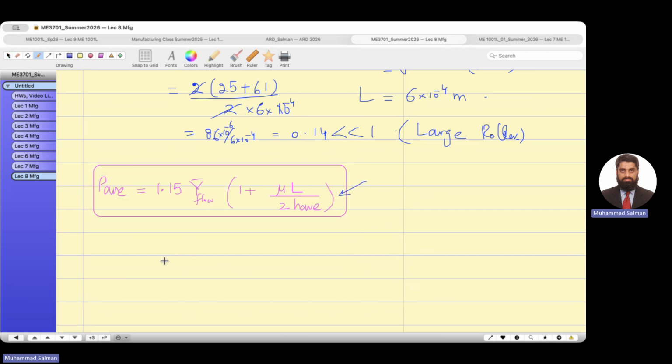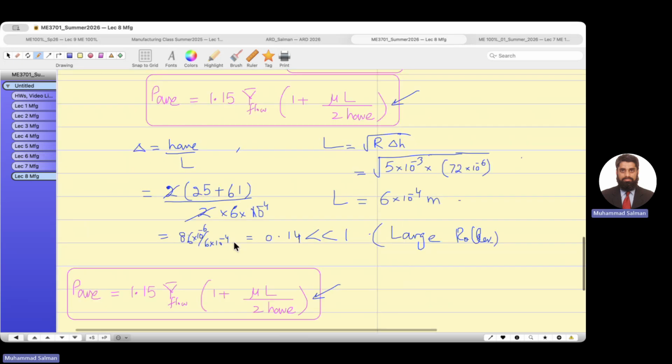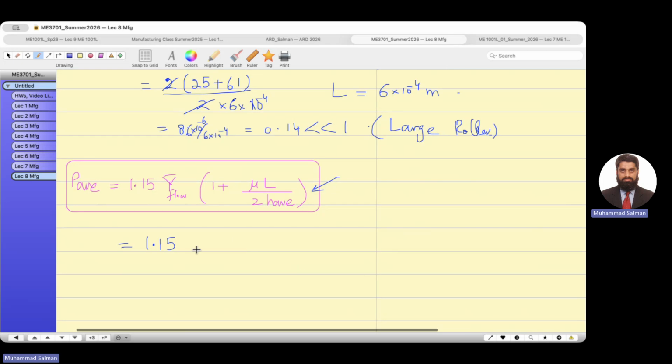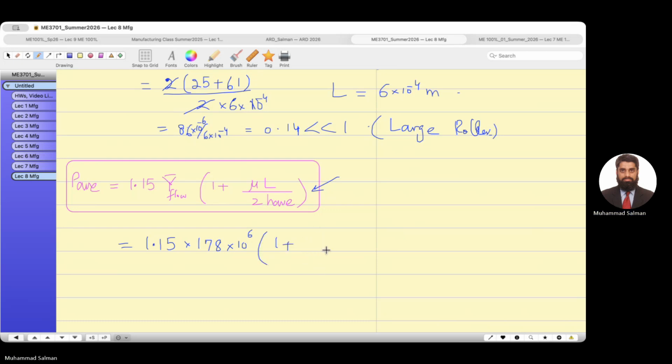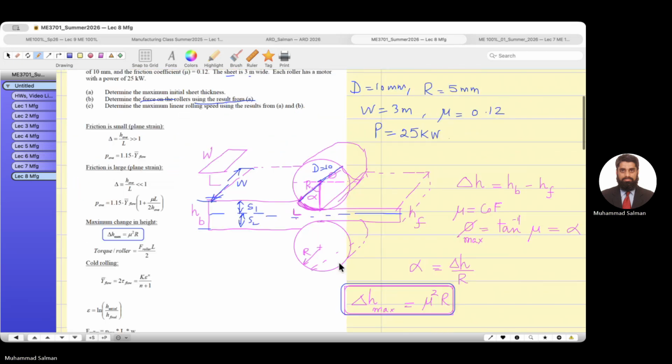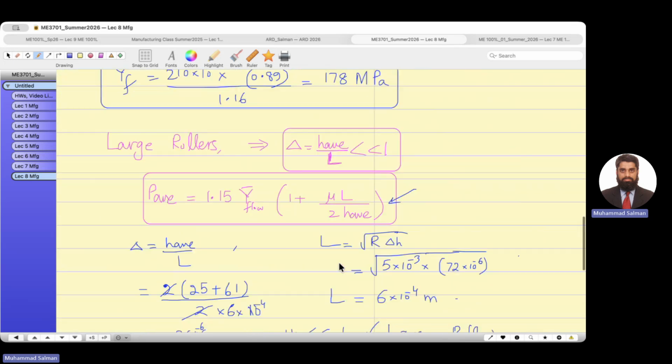We already have calculated Y average, the flow stress, which is 178 megapascal, 10 to the power 6, 1 plus... What is the coefficient of friction? 0.12. Agreed.